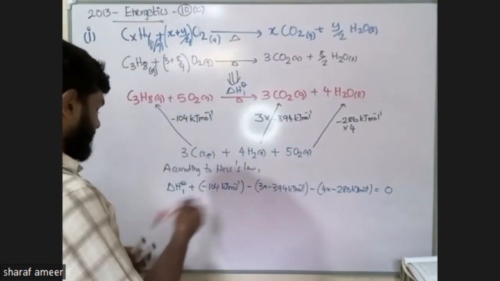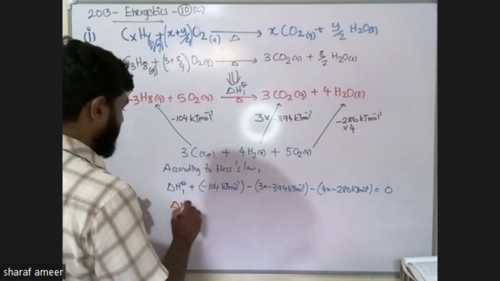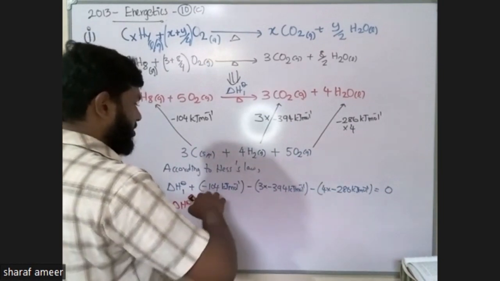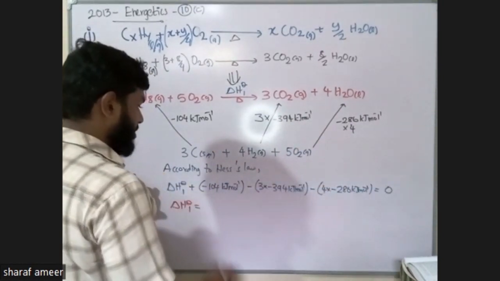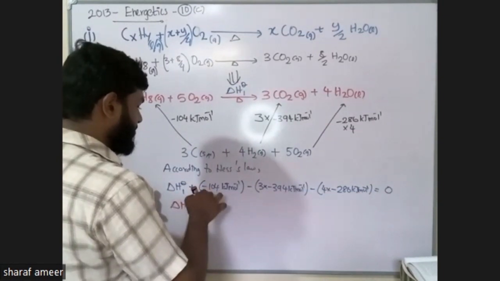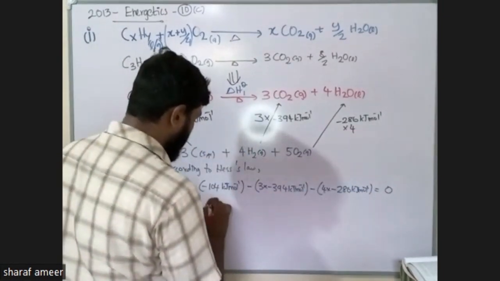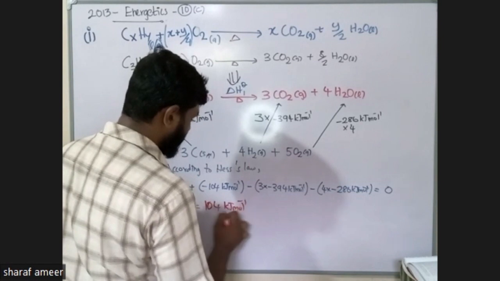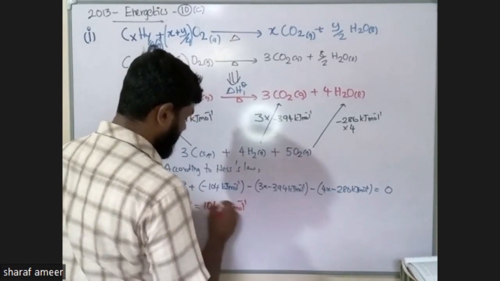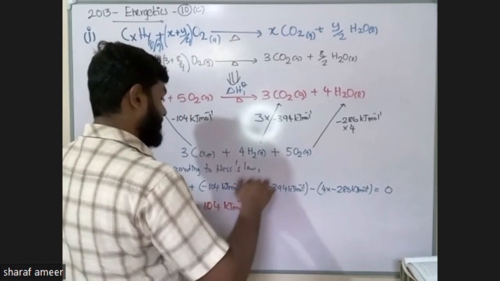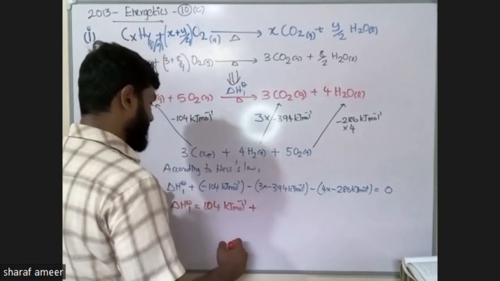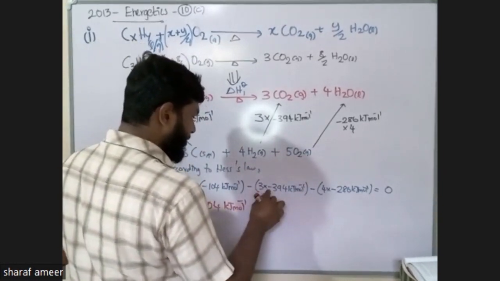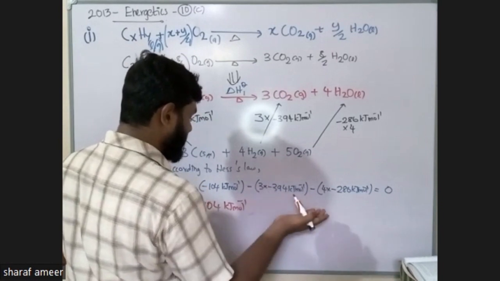So delta H theta 1 is equal to, you can bring all these terms to the opposite side. Plus into minus, minus, so 104 kilojoule mole minus 1, plus. Here you are going to have minus into minus, plus; if you bring it to the opposite side, minus.